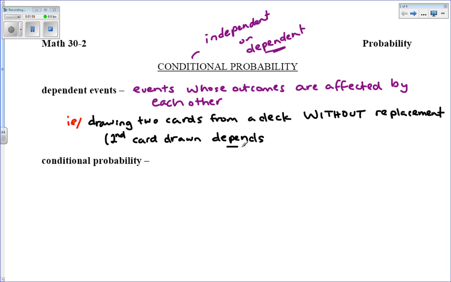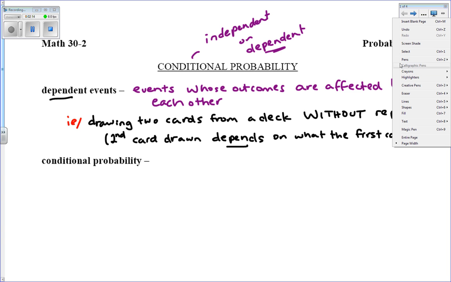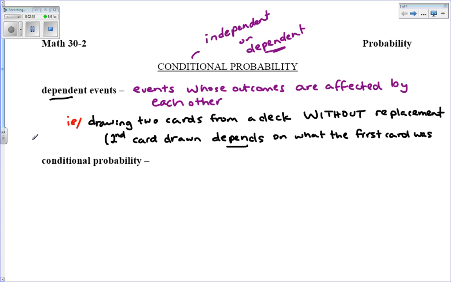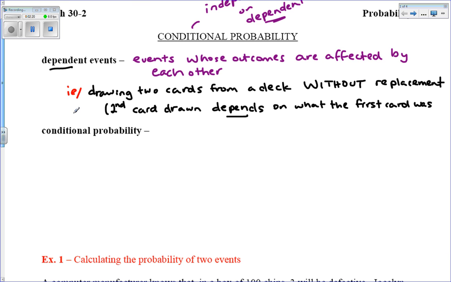So, dependent. And that relates to what we call conditional probability. Conditional probability is the probability of one event occurring given that another event has already occurred.